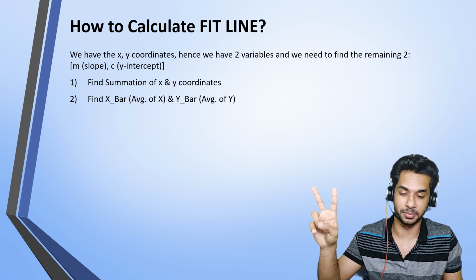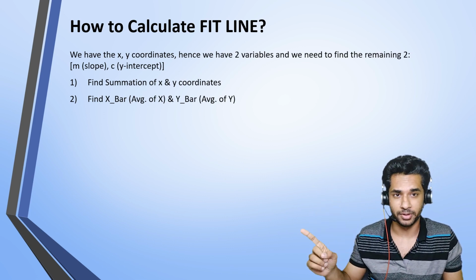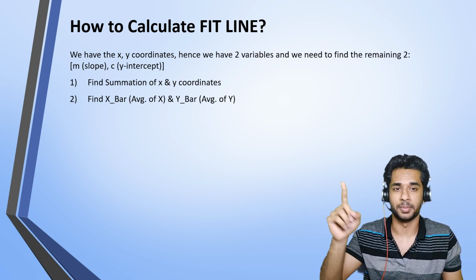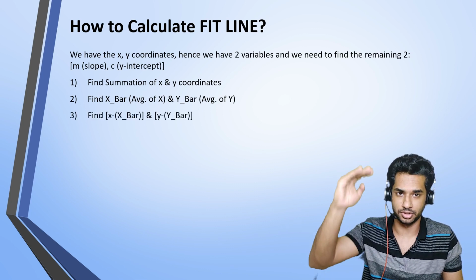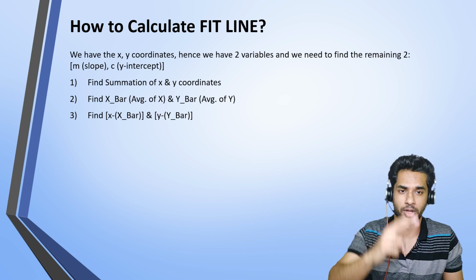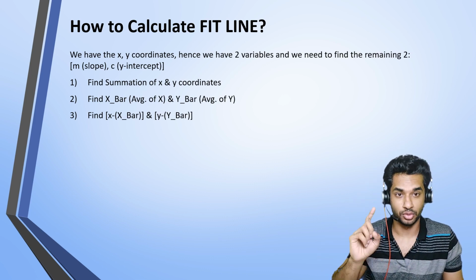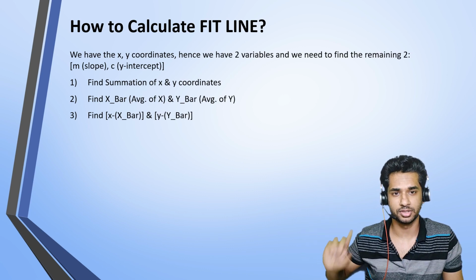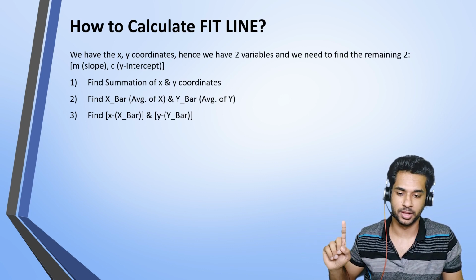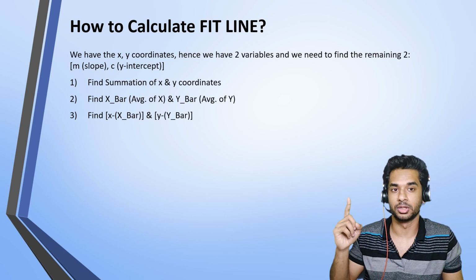That's the second step. Then we come to find the values of x minus x bar and y minus y bar. So again we'll have a list of values x minus x bar and y minus y bar. Then we need to find out something called the product.